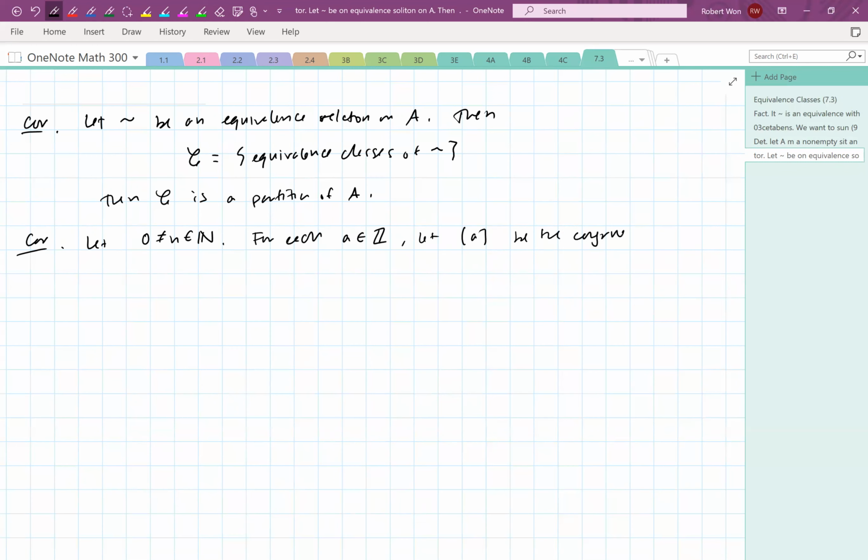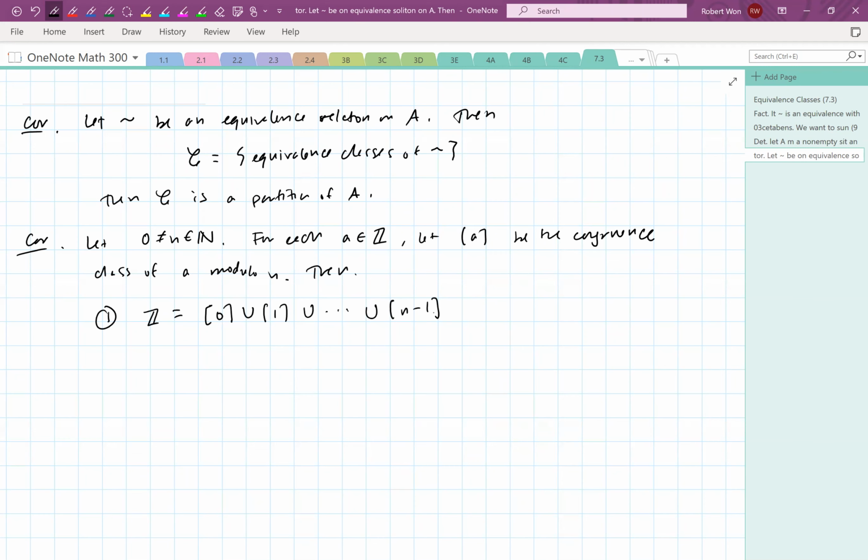Then we know that all the different equivalence classes partition Z because of the previous corollary. That means that, 1, Z you can write as the union of these equivalence classes.